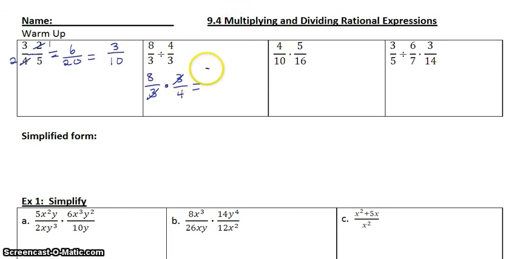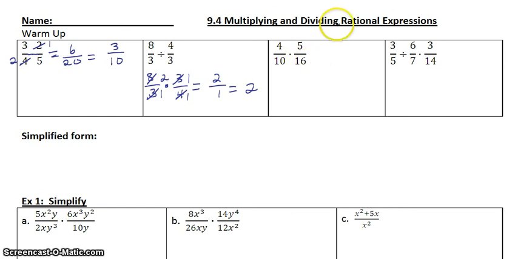So I got a common 3 on top. That simplifies to be 1 when I divide by 3. Divide this by 3 is 1. Okay? And then I can see 8 and 4 both can be divided by 4. So divide by 4 is 2. Divide by 4 is 1. So now on top, 2 times 1 is 2. On bottom, 1 times 1 is 1. 1, or just 2 is my answer.